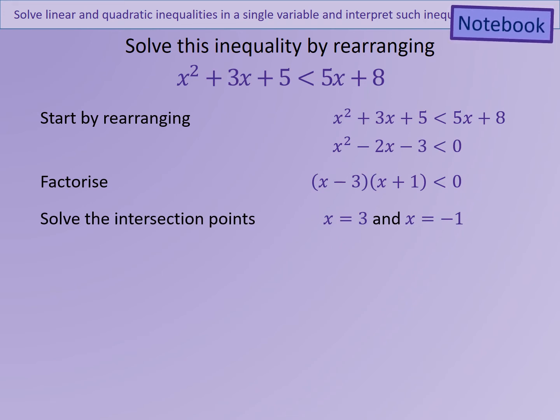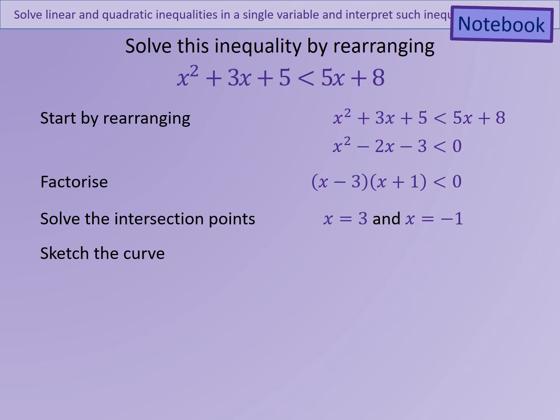Now, clearly they're not the answers to the inequality, they would be the answers to the equation. But they do give us a good starting point by finding where the two brackets are equal to 0. But now we need to look a little bit more in depth at how we work out where it is less than 0. So to do that, we're going to sketch the curve.